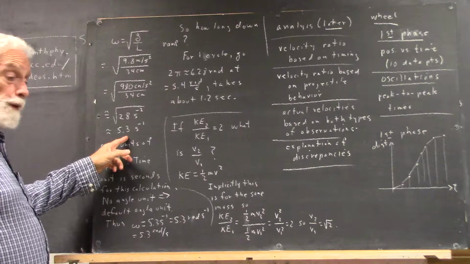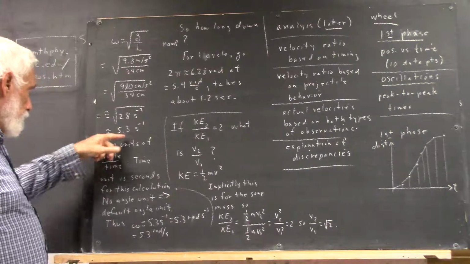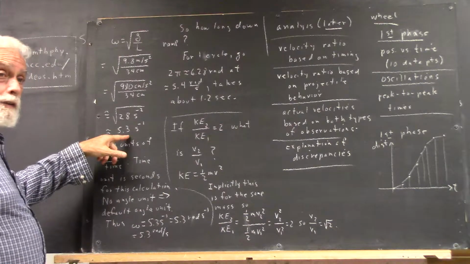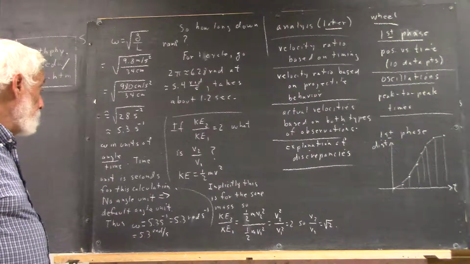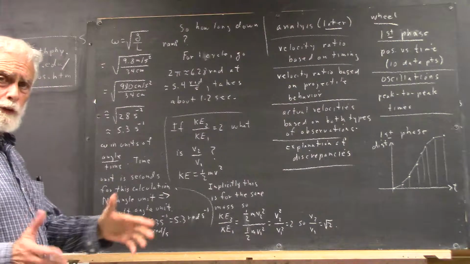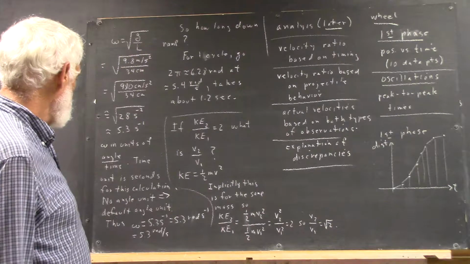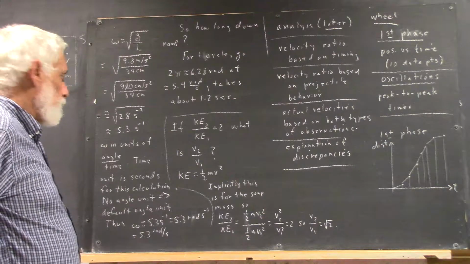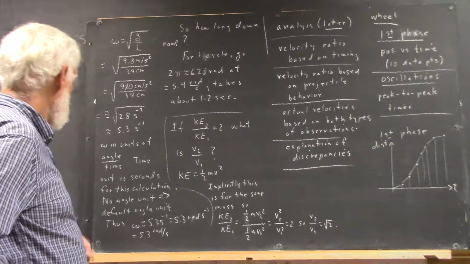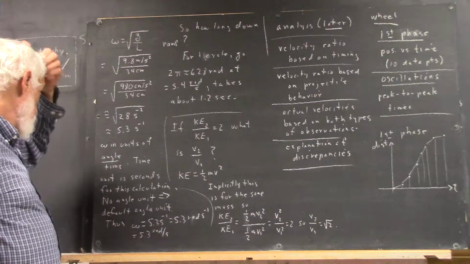I don't remember how it rounds off, but it's a little bit more than this. It's at least 5.4. I don't remember what the difference was because I wasn't really concerned with that. I know you can calculate that.